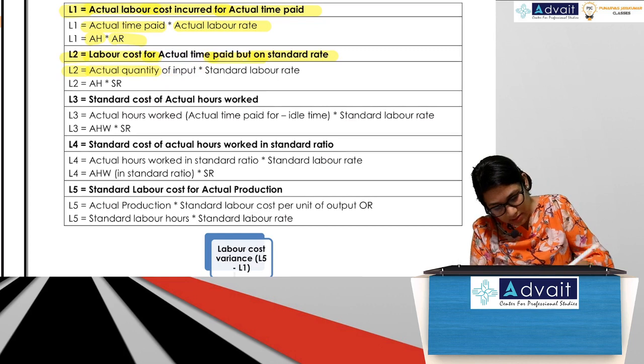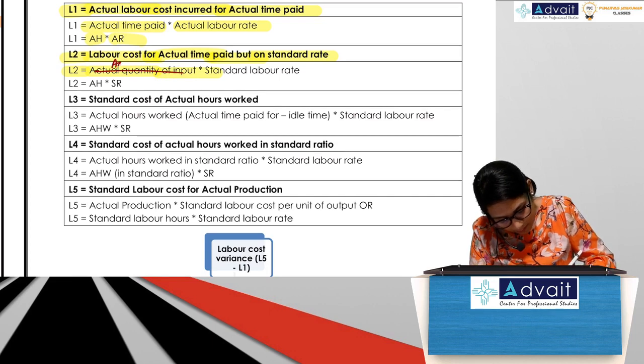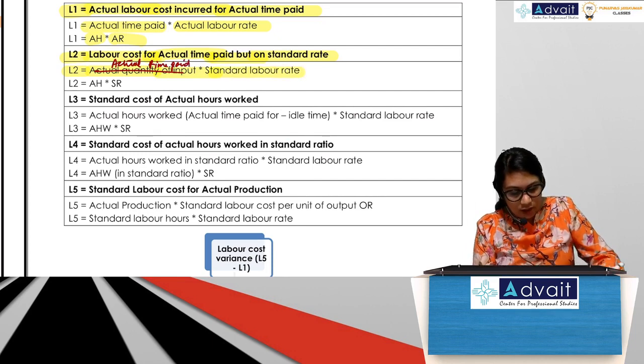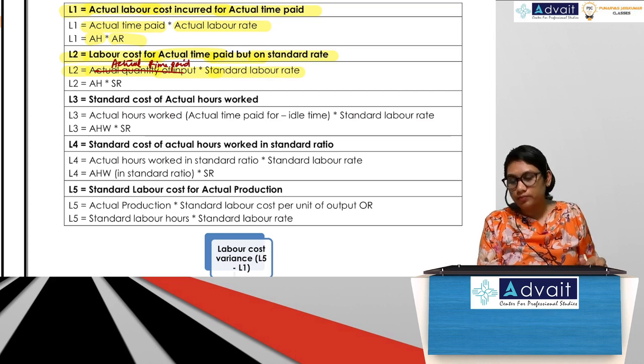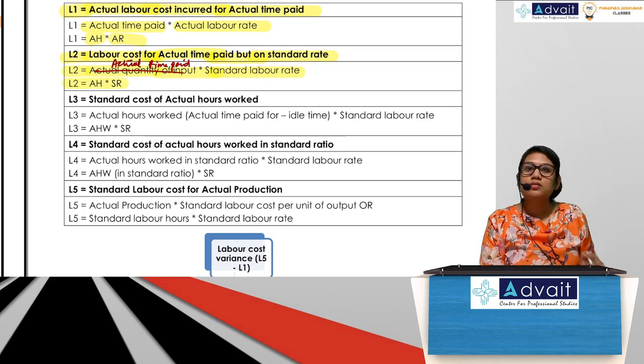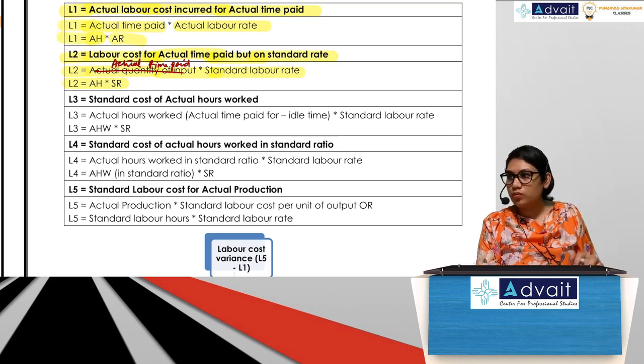I don't know why this is given. Please change it and make it actual time paid. Actual time paid into standard labor rate. Correct? So AH into SR. Same thing, just like M1 and M2.